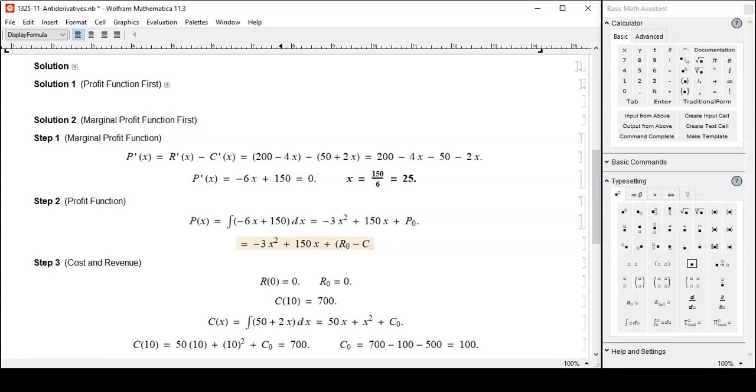Revenue minus cost. Fixed revenue minus fixed cost. So this is negative 3x squared plus 150x minus 100, because this one is 0.